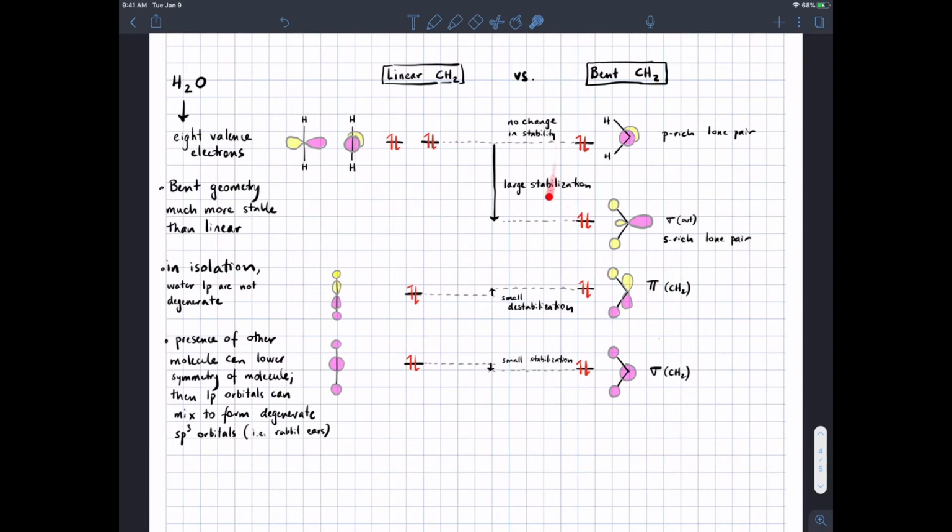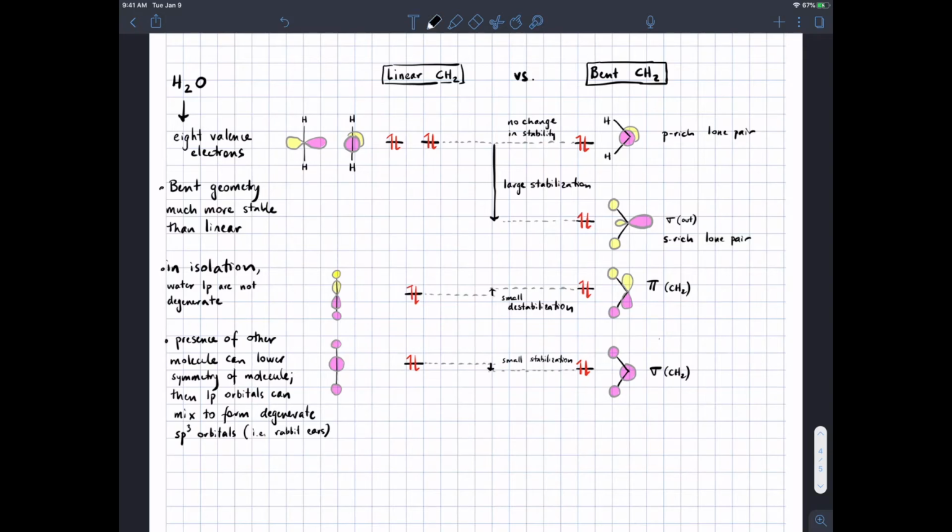You get large stabilization in the sigma out orbital, which used to be the 2pz orbital, because again, you're introducing a CH bonding character, and then really no change in the stability of the other p orbital. Interestingly, this tells you for water on its own in the gas phase, the two lone pairs, which would be these guys, highest energy orbitals, are not equal in energy.